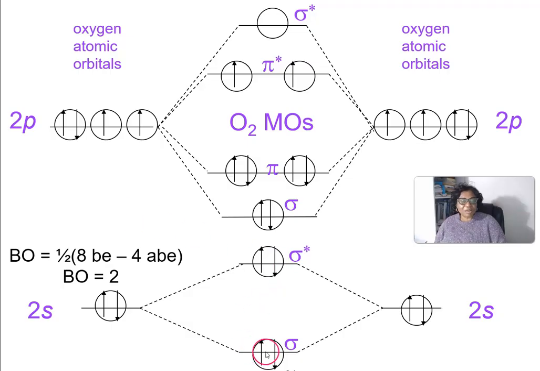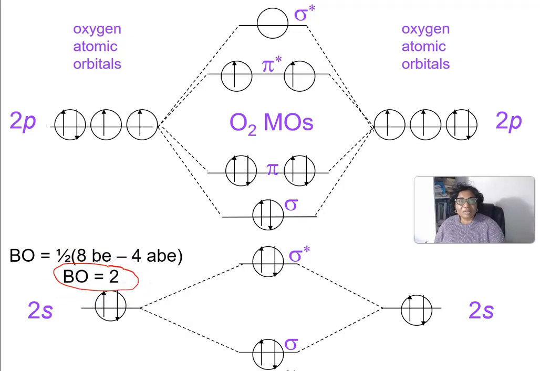So for bond order, we have 8 minus 4, which is 4. 4 divided by 2, bond order is 2.